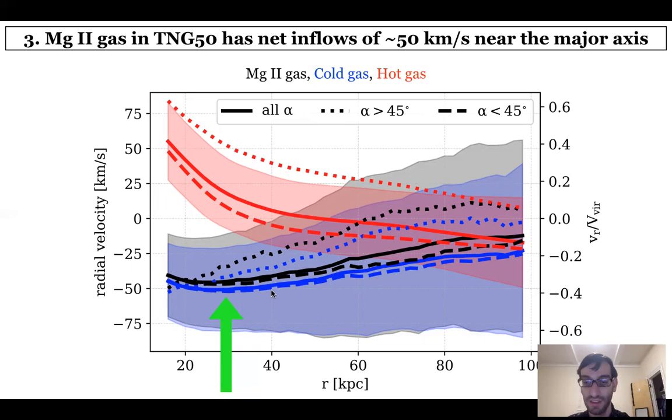And in particular, the strongest inflowing velocities occur where the azimuthal angle alpha is less than 45 degrees. So this, or in other words, where the gas is closest to the major axis, is exactly the same gas that has strong co-rotation.